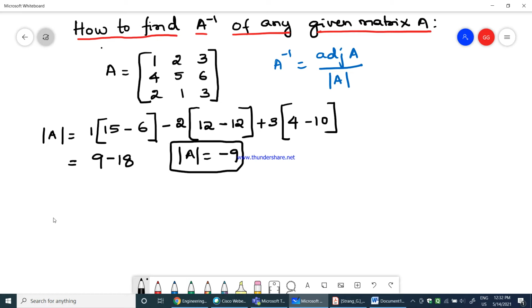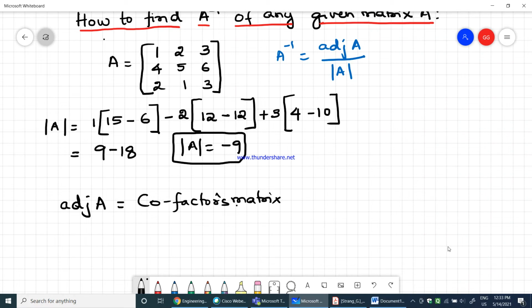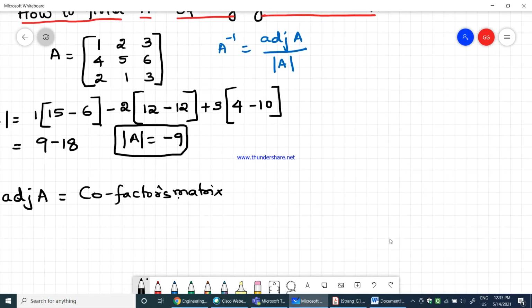Now, how to find the adjoint of A? The adjoint of A is found by using the cofactor matrix. We will see how to find that.